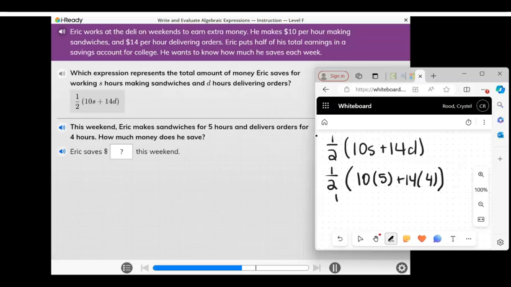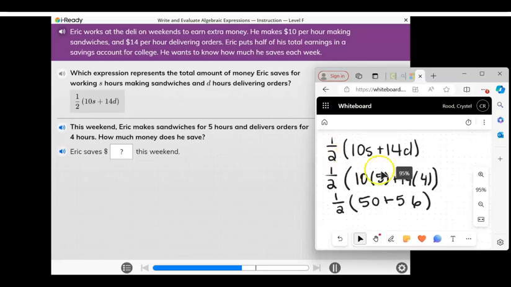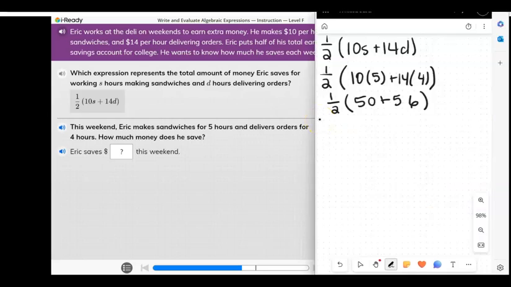So we have 1/2 again, and then 10 times 5 is 50. 14 times 4 is 56. So 1/2, we still got to add it. 50 plus 56, that's 106.